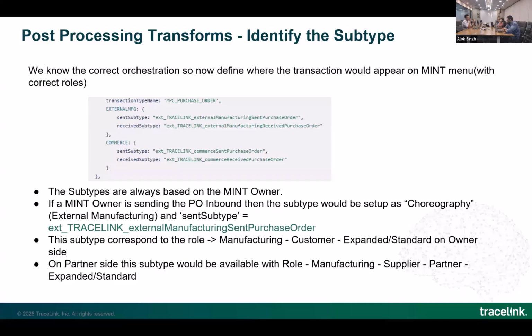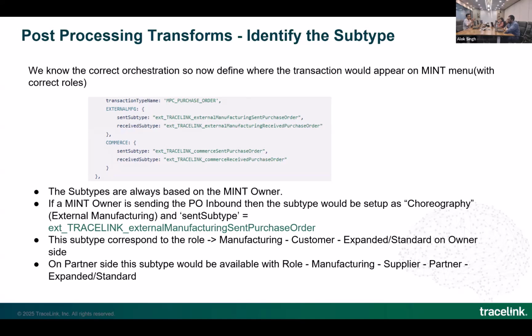My role in the supply chain is customer, which means I'm going to issue a purchase order to my partner. I am the owner of Mint. That is why you don't see the word partner there, right? So my role is manufacturing, customer, expanded or standard. What it means is I am going to send the purchase order to the partner. So my subtype is set up as external manufacturing send purchase order, right?